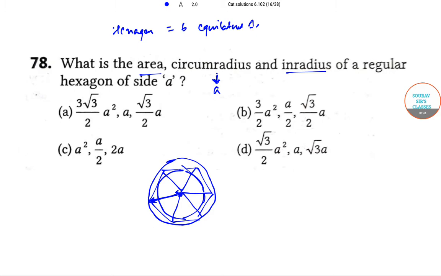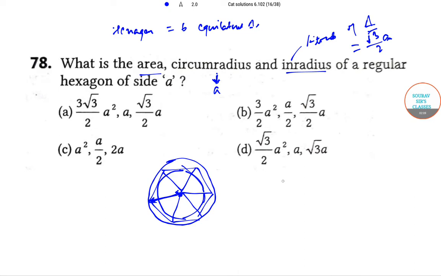Now the inradius, that is radius of circle inside hexagon, is equal to altitude of equilateral triangle, that is root 3 by 2 into a.